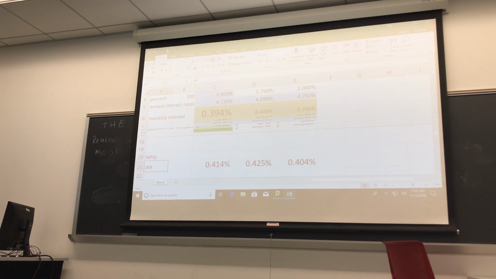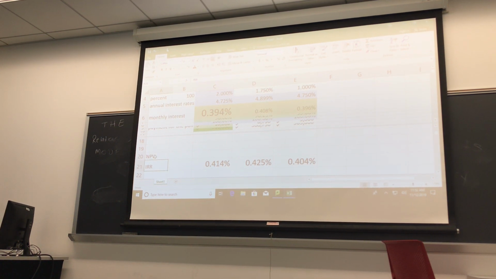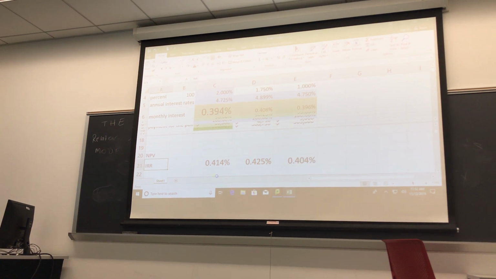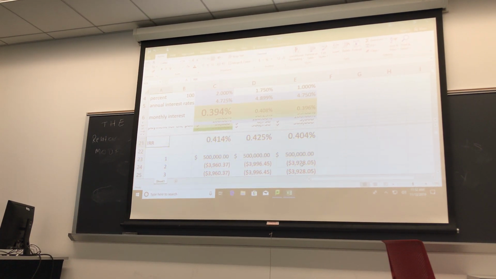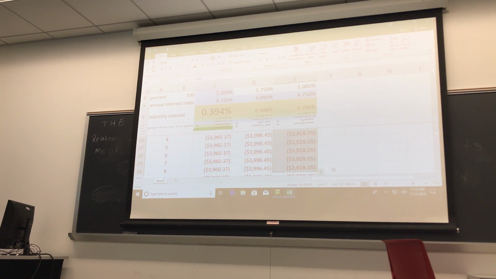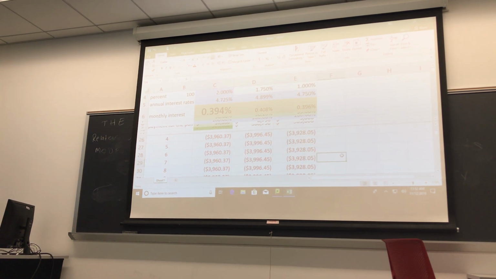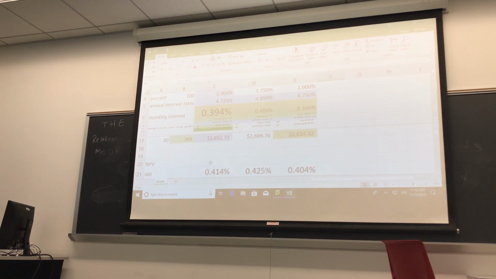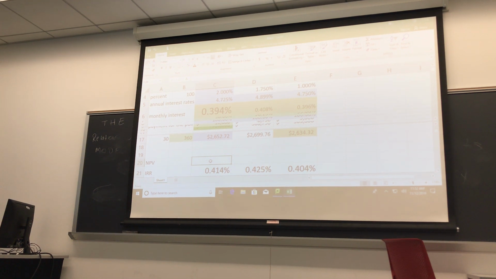I can calculate the net present value in different ways. One way is to find all these future values in present time and sum them up. Another way is to use the net present value function, from the previous chapter.